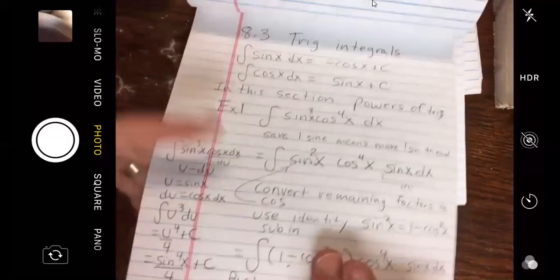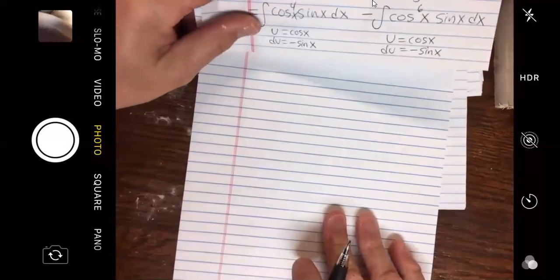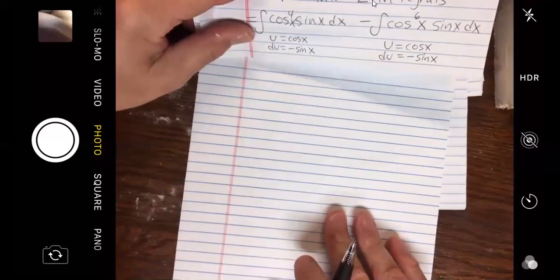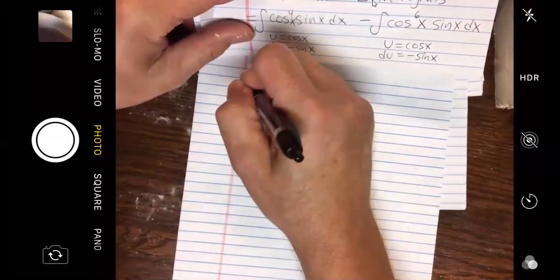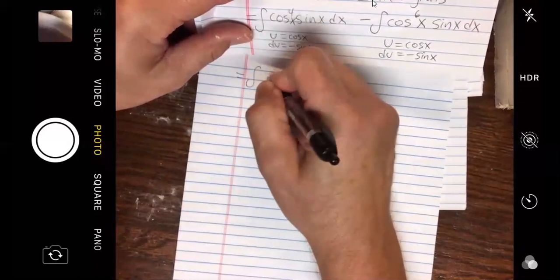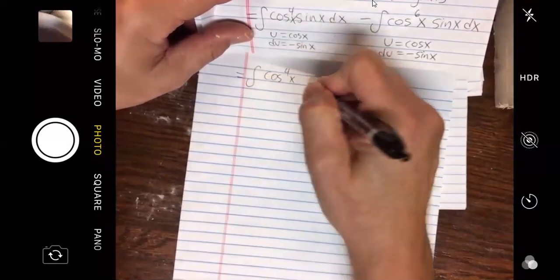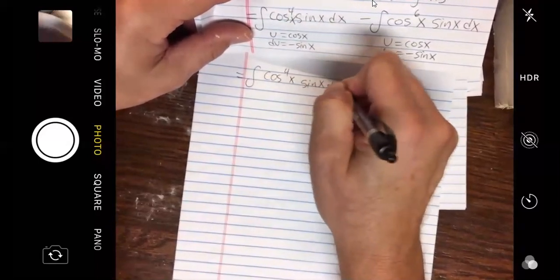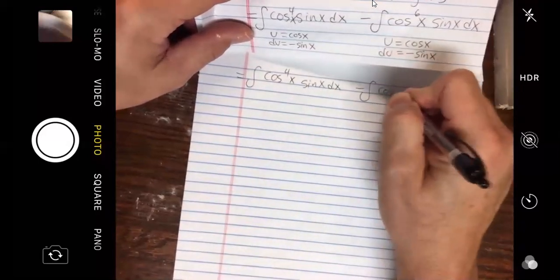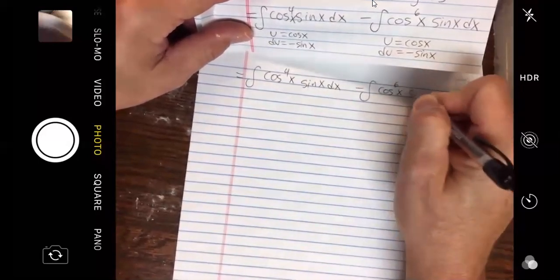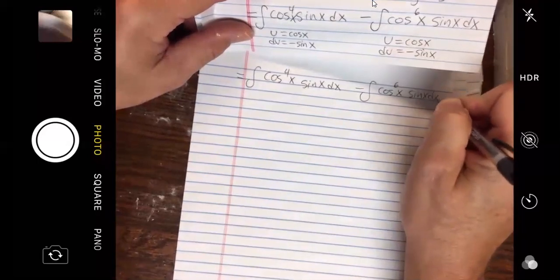Let me keep this visible. I'll rewrite it down here. So I started with, I'll just rewrite the line, cosine 4th sine x dx, cosine 6th x sine x dx.